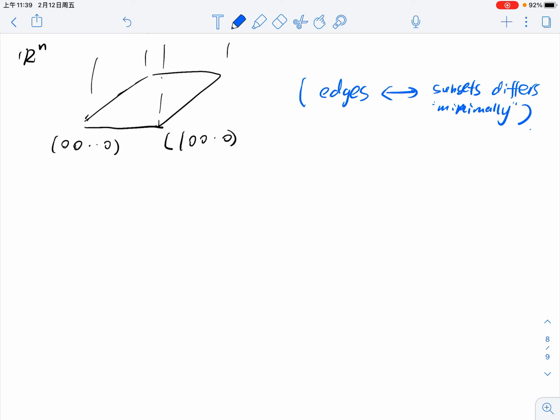Okay, then what is the question? So the question is now transformed into the following geometrical one.